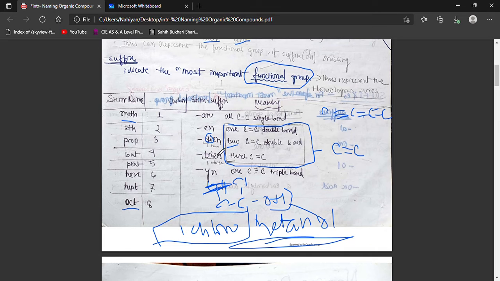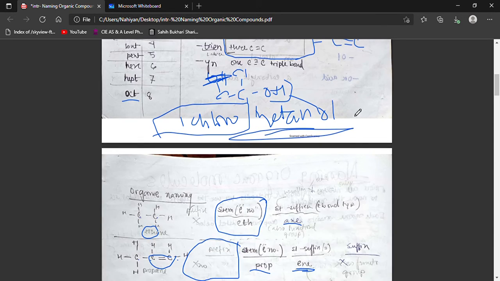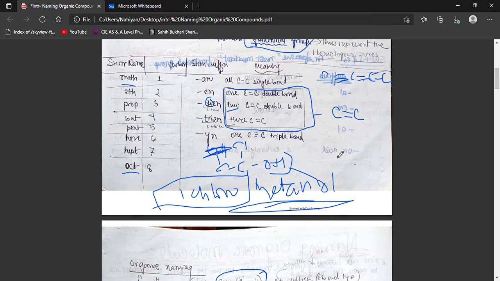So for double bonds you have ene, and for 2 or 3 you have di or tri. Now let's say you have butane, but this time in one of the 2 carbons you have three bonds.